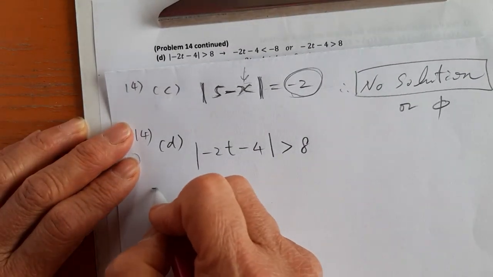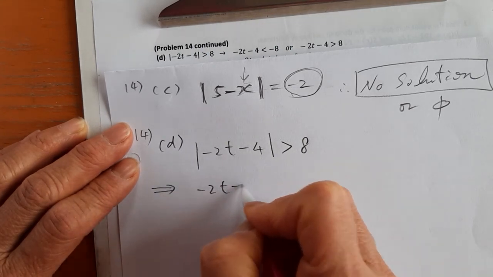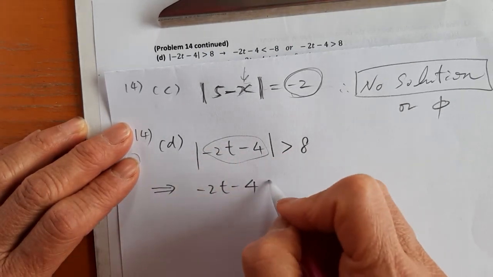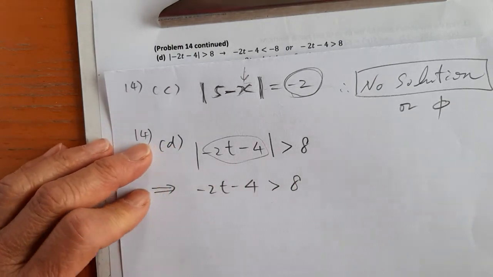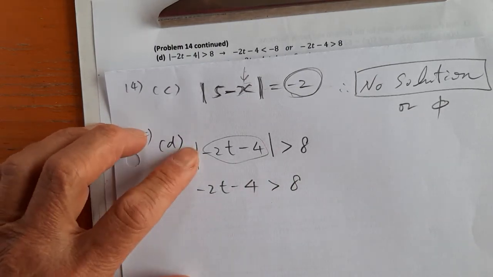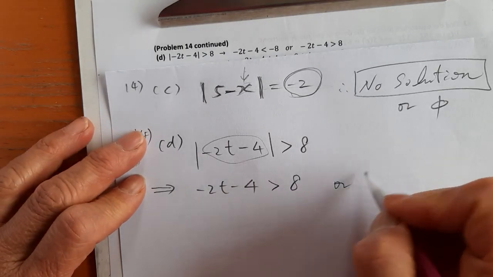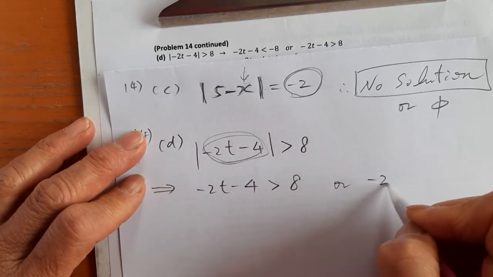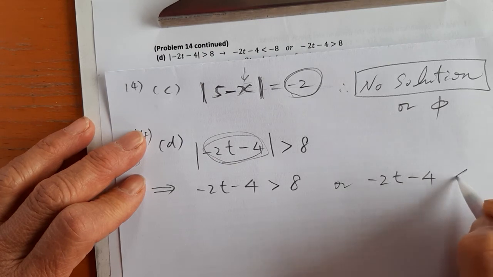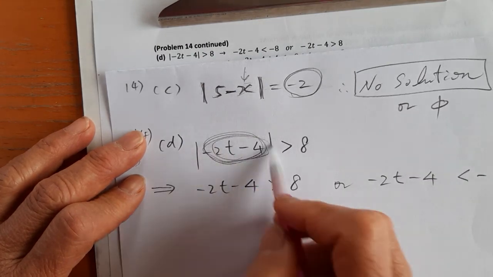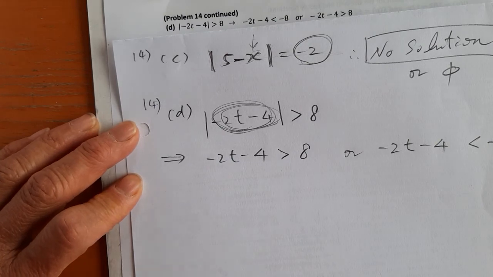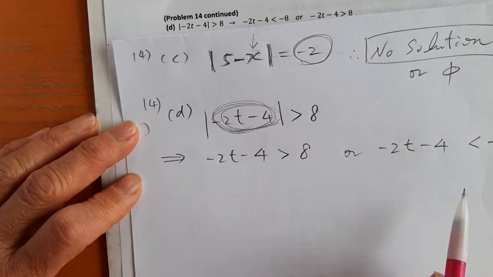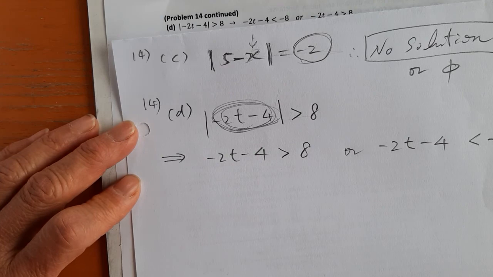So then you have to write down -2t minus 4, this part, greater than 8. Then taking absolute value will be greater than 8. No problem. You understand this. There's another part. This part, -2t minus 4 is less than -8. If this part is less than -8, like -9, -10, you take absolute value, it becomes positive, greater than 8.